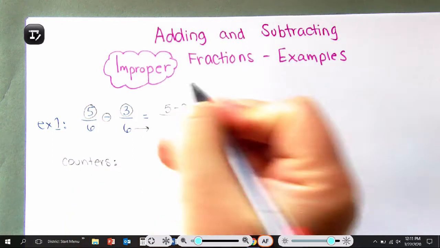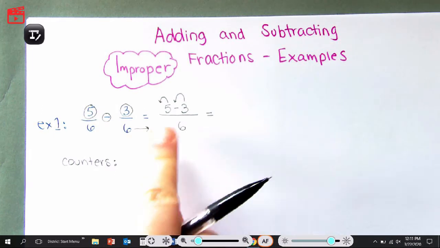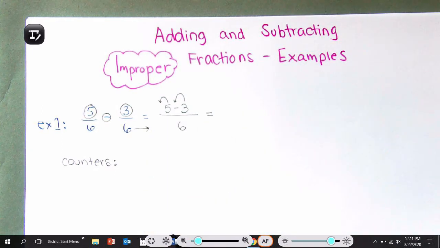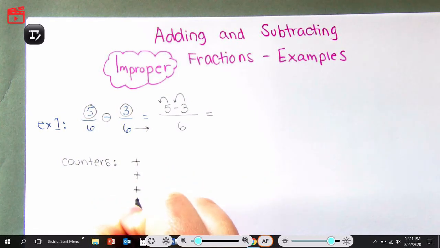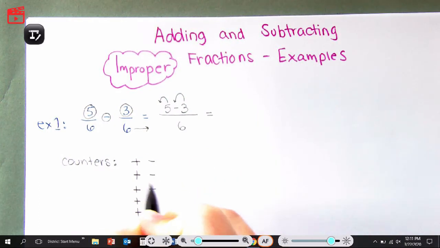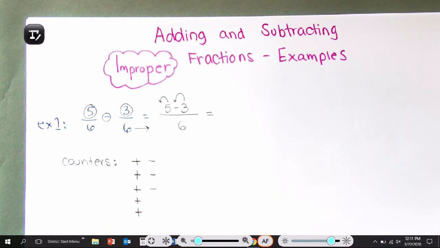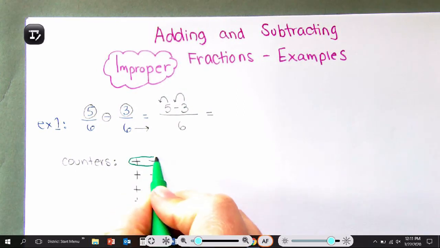When you're using counters, you have the sign that is in front. So if there is nothing in front of 5, we know that means 5 is positive. So I have 1, 2, 3, 4, 5 positives, and I have 3 negatives: 1, 2, 3. I'm going to go ahead and circle my 0 pairs, and all that means is 1 negative and 1 positive.